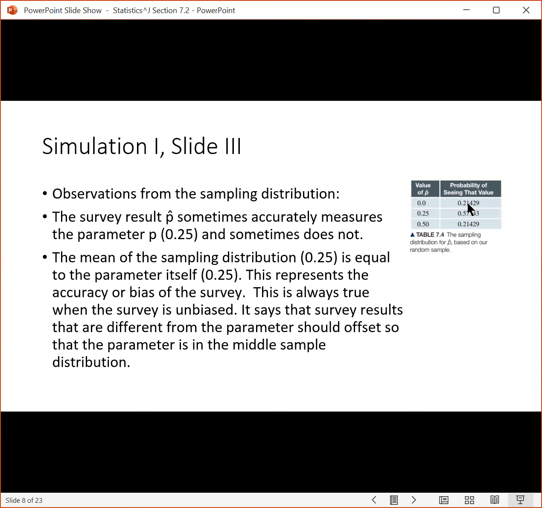Notice those are the same size so that they offset, and so we end up having a mean that is directly on the population parameter. So if your survey result is below the population parameter, you should end up getting survey results that are above as well, and those two should end up offsetting, so that in the end, if we were to do our survey millions of times, we do end up getting the population parameter itself.